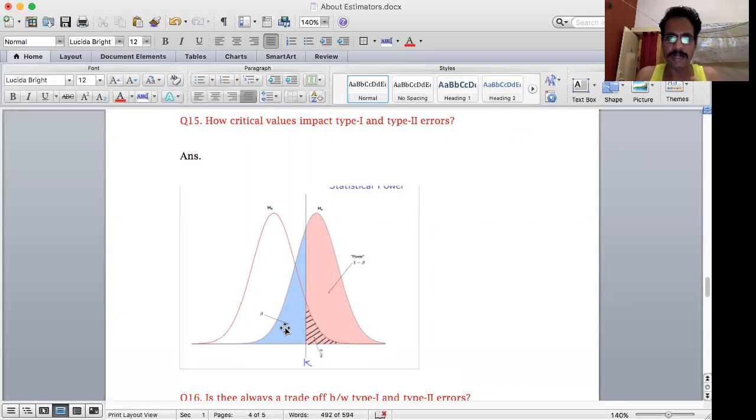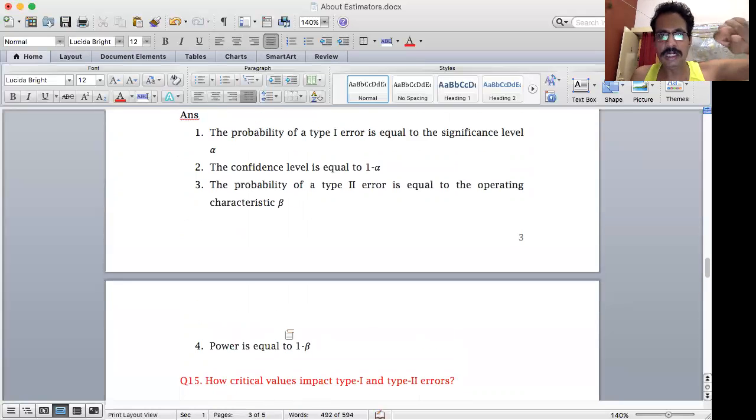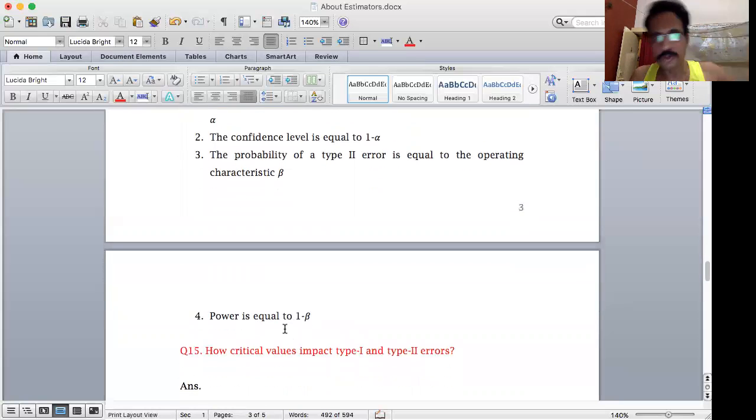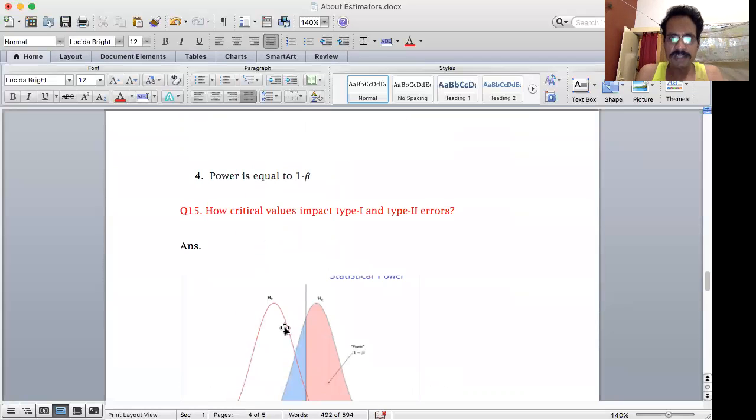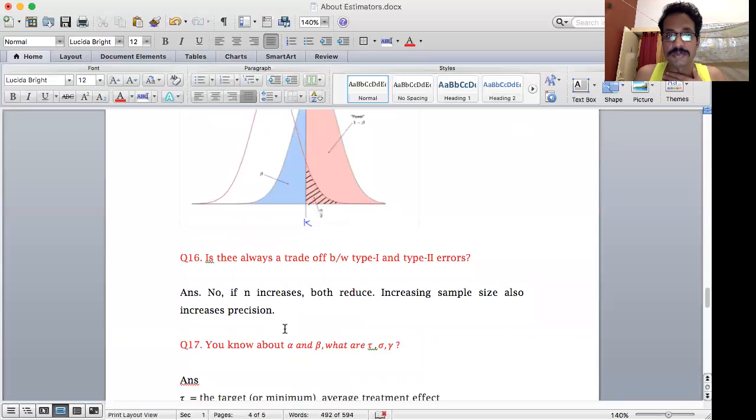The blue part goes up, and thus your power goes down, right? So increasing k increases the confidence interval, reduces the type 1 error probability, but increases the type 2 error probability, increases the beta, and reduces the power 1 minus beta.